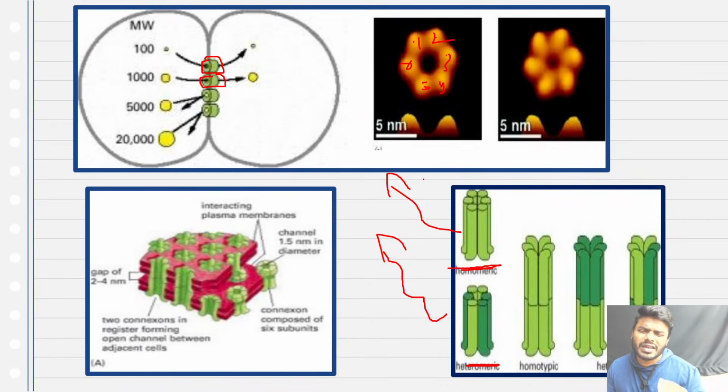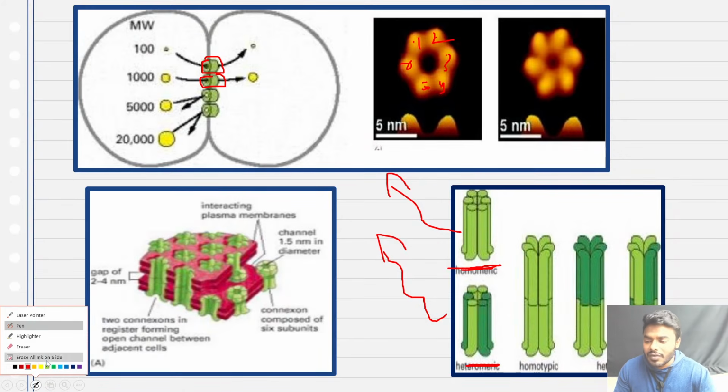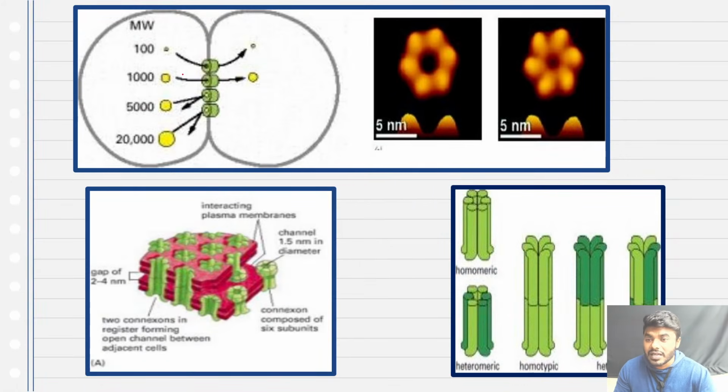One point is very clear: whether it is the same type or different types of connexins doesn't make any difference. Basically, all the connexins come close together and are involved in the formation of this particular connexon.